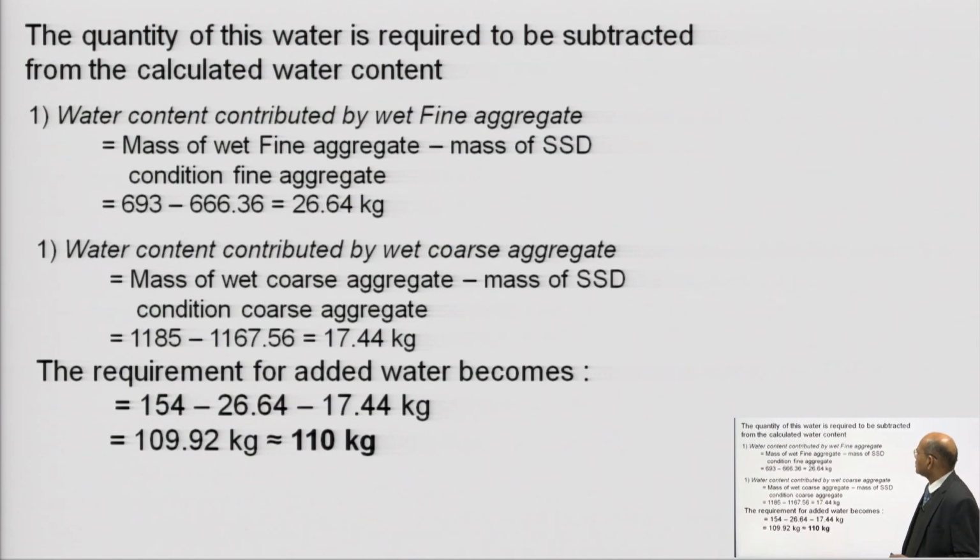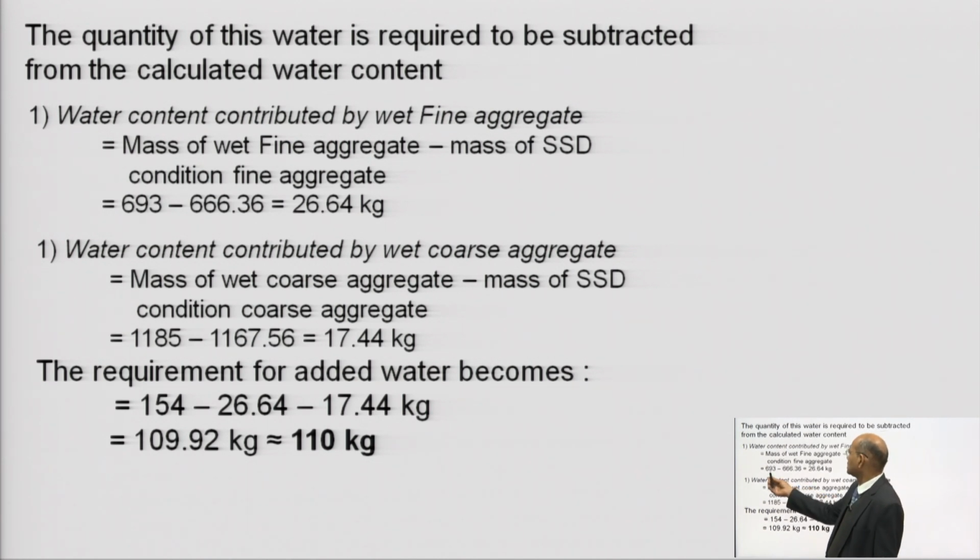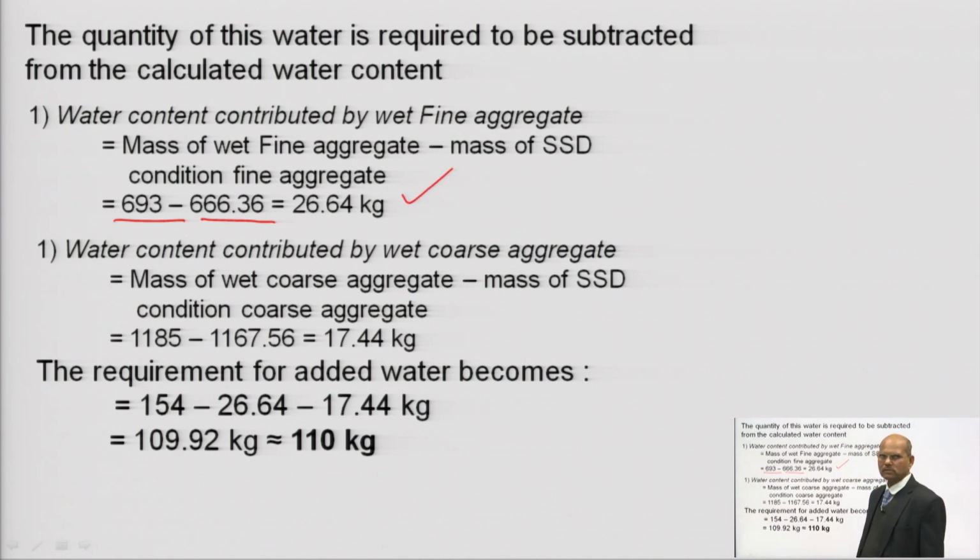So, the quantity of this water is required to be subtracted from the calculated water. How much is the excess here? In 693 some water content is there, 4%, and this is the actual condition. So, 26.64 kg is excess water in 1 meter cube of concrete.